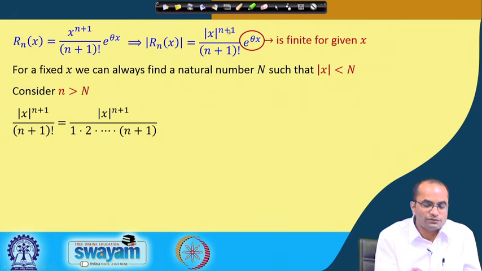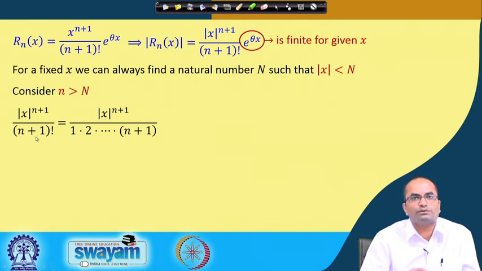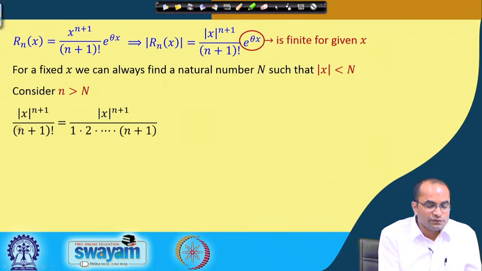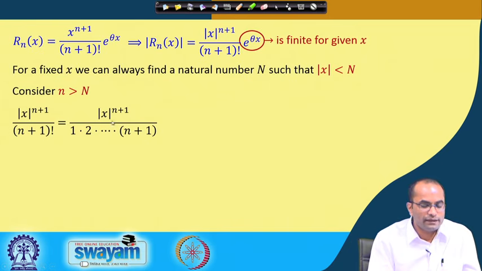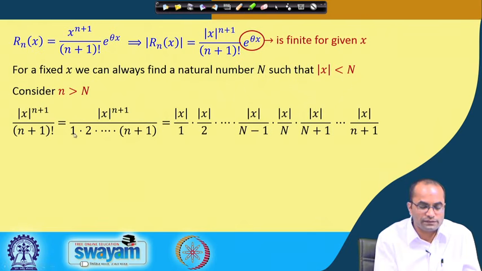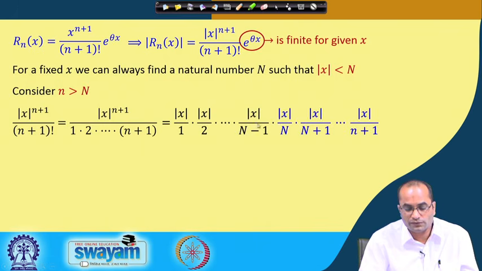Now, we consider this term, modulus x power n plus 1 over factorial n plus 1. This factorial n plus 1 is the product of n plus 1, n, up to 1, and we have here modulus x power n plus 1. So, we can write it in the form of a product: modulus x divided by 1, modulus x again divided by 2, and so on.